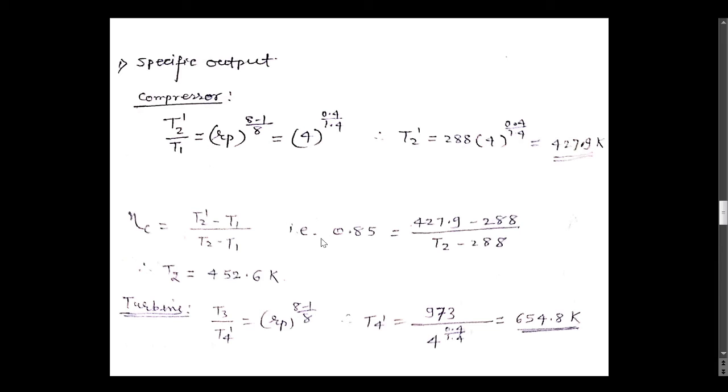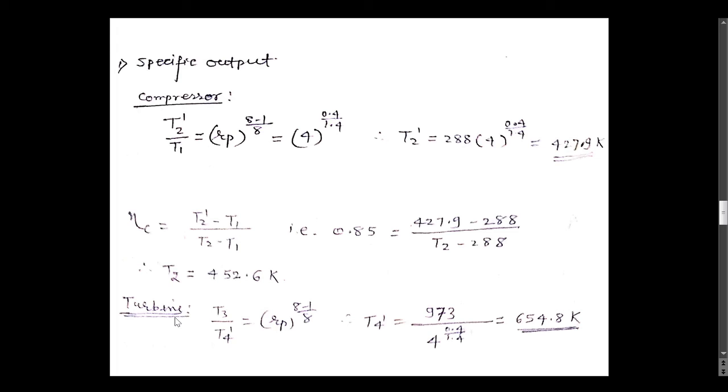The isentropic efficiency of the compressor is given as 85%, meaning 0.85 is equal to T2 dash, which we just calculated, minus T1 (288), divided by T2 minus T1. From this equation, T2 is found to be 452.6 Kelvin.